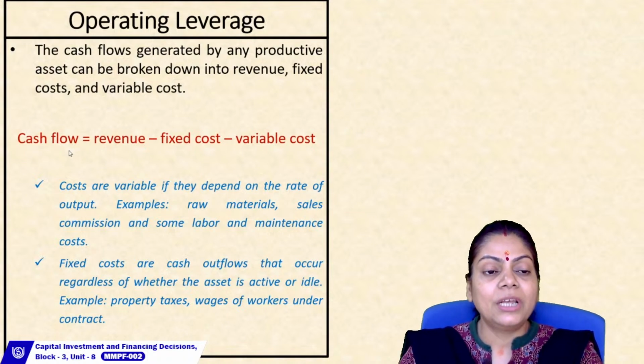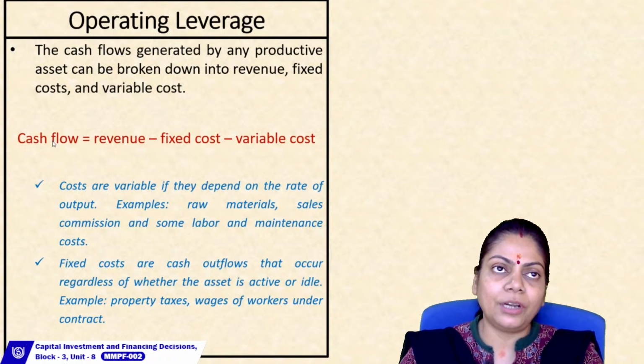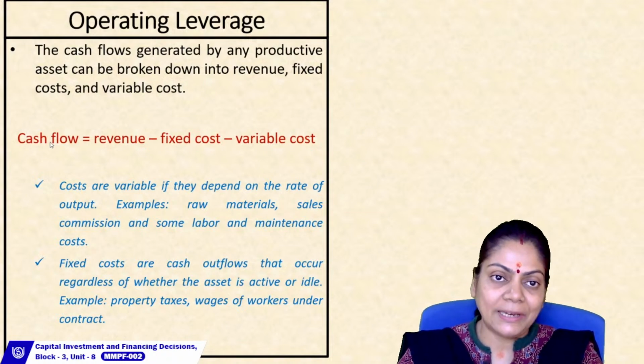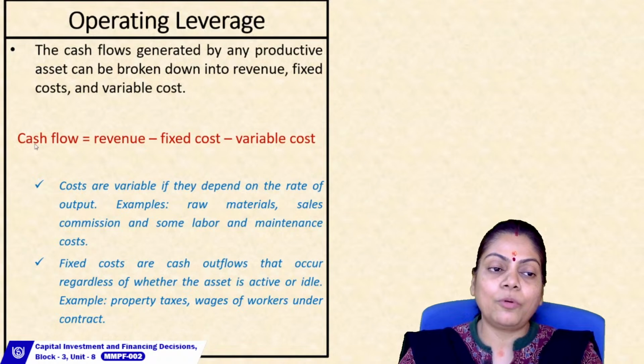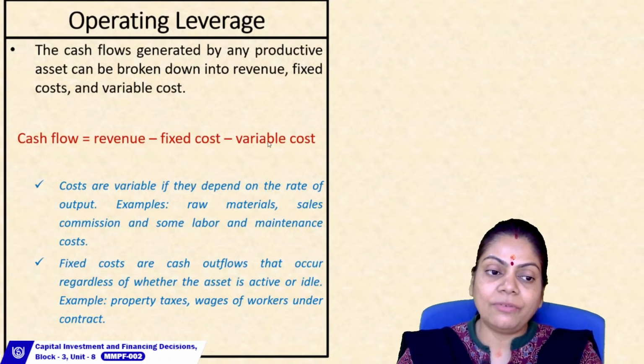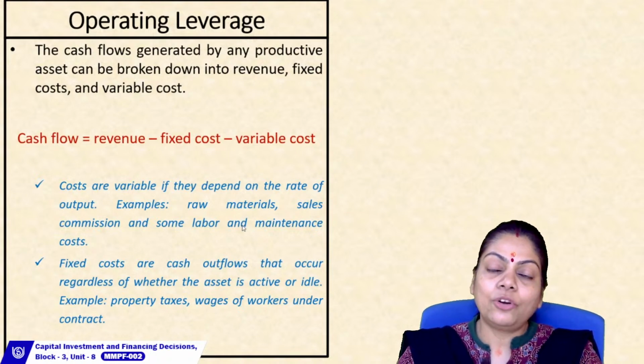Now, the profit is equal to, or cash inflow. Profit and cash inflow are two different things, because profit may not always translate into cash. But anyway, for the sake of understanding, we are saying cash inflow is equal to the revenue minus the fixed cost minus the variable cost. Now, the variable costs are the costs which are dependent on the rate of output. For example, raw material.